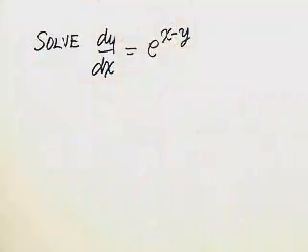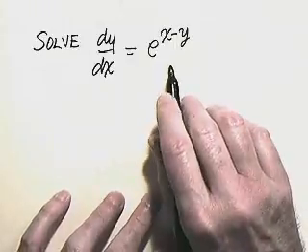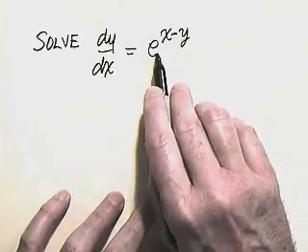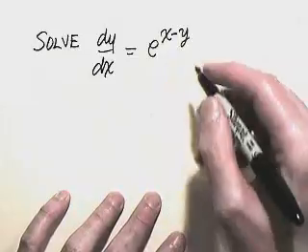Well, let's use the technique of separation of variables to solve a first-order differential equation involving the exponential function. Solve dy/dx equals e to the x minus y. Well, unless you're familiar with the laws of exponents, you're not going to realize that this right-hand side is actually a product of two functions.